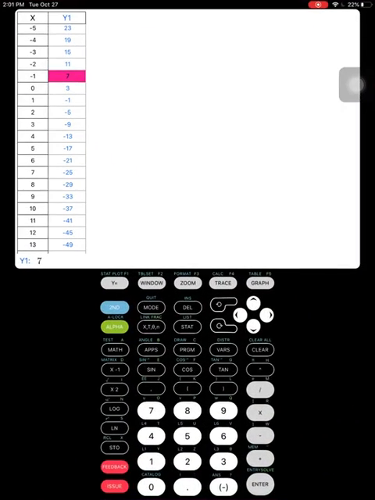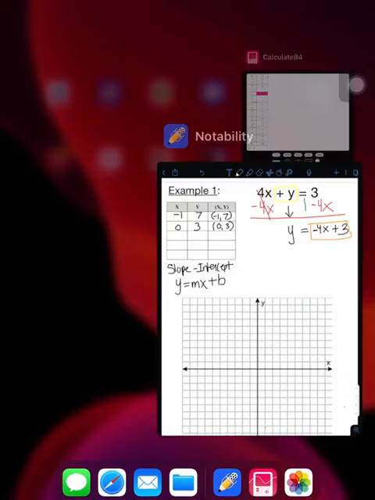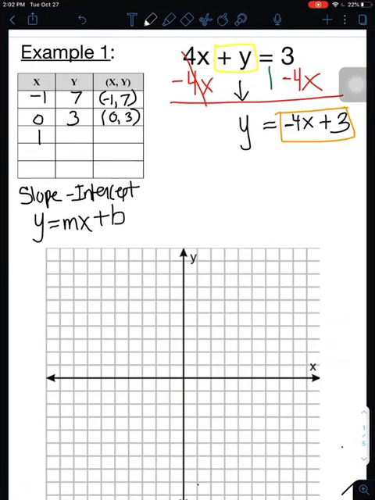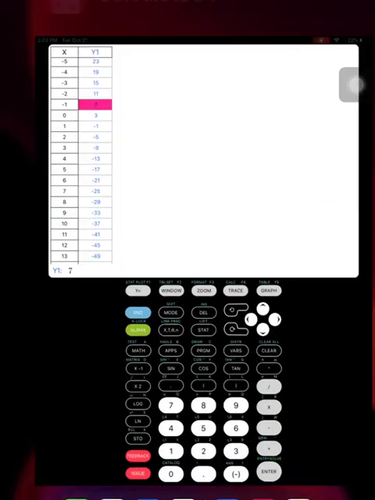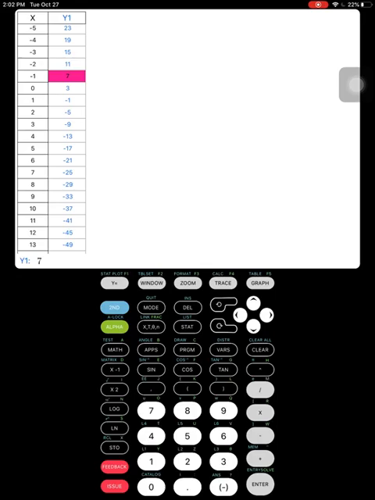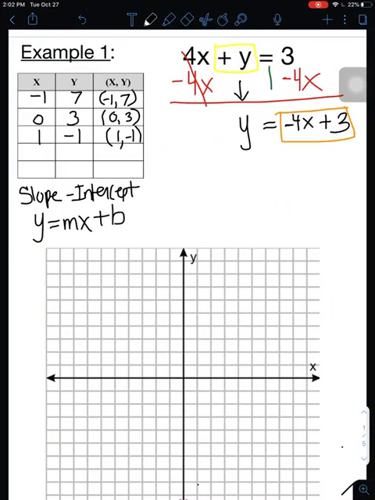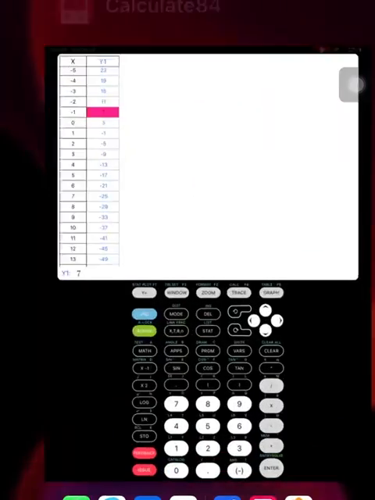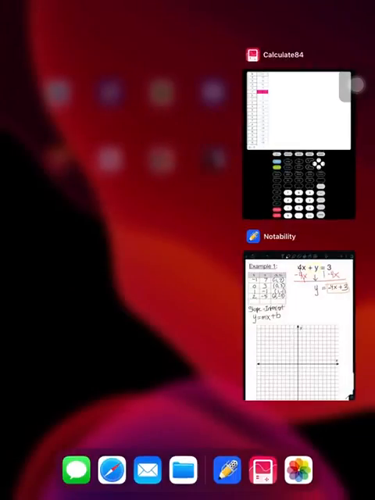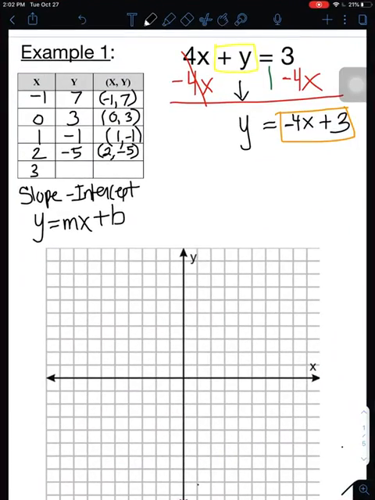And now the numbers after are going to be some positives. So 1 comma negative 1. 2 comma negative 5. And I don't think I'm gonna have space for my next one, but I might. 3 comma negative 9.